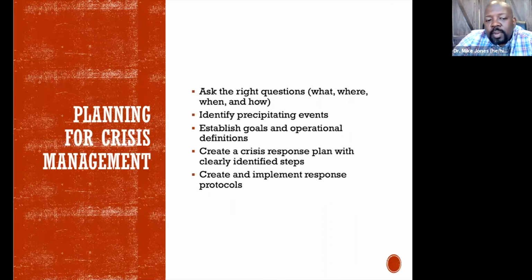Next, we want to talk a little bit about planning for crisis management. The main takeaway I want you to get from this slide is for us to look at how we go about establishing goals for the people we work with, knowing the right type of questions to ask our clients whenever they are struggling in a crisis.